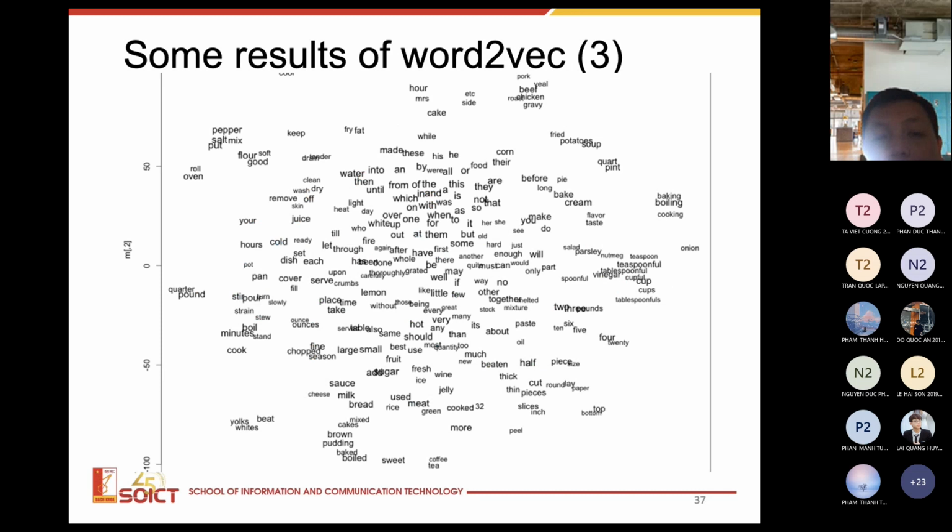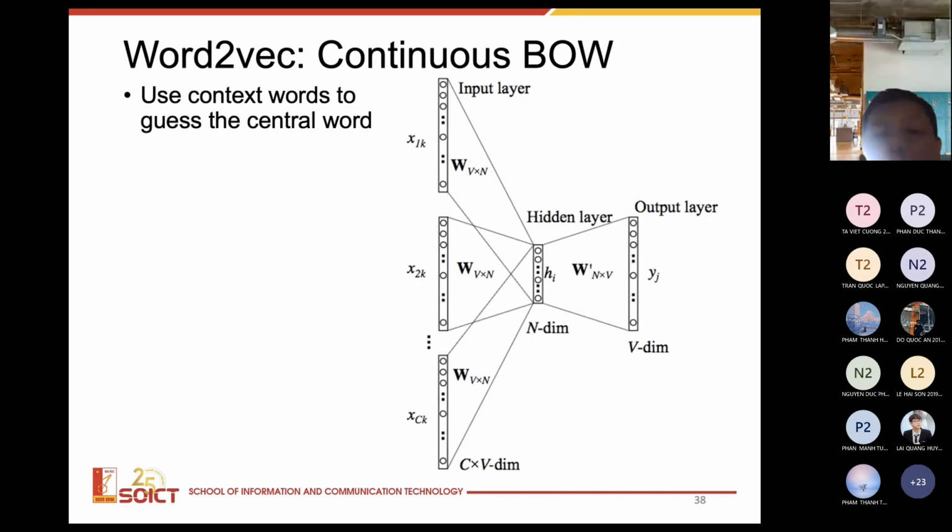Okay, another example of word2vec result. Okay, so in that paper, word2vec, if you read the paper, you can see they propose another approach. In the previous approach, they have the central vector and then predict the words in the context.